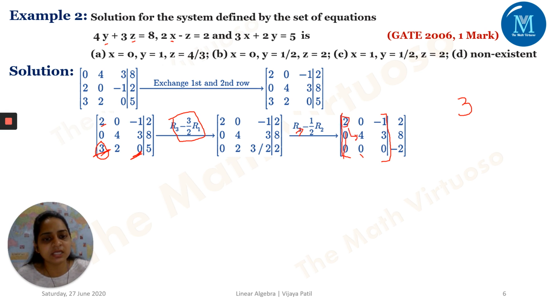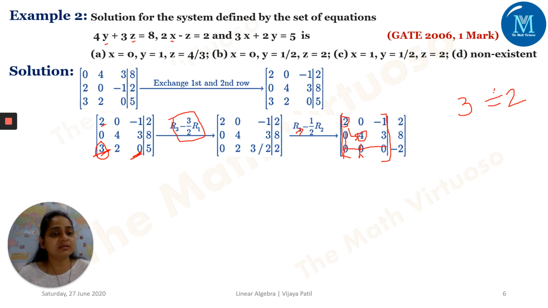Moving to the next, this is my first non-zero element, and below that is 0. Moving to the next, there is no non-zero element in this matrix, and therefore this last row is 0. So what is the rank over here? First non-zero, second non-zero, third is 0. So I have got 2. So the rank of A becomes 2, whereas the rank of A comma B is 3.